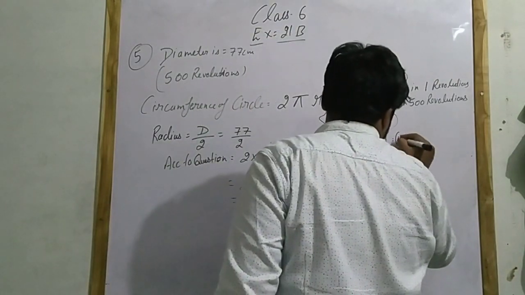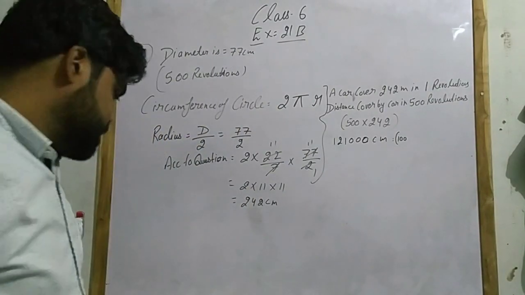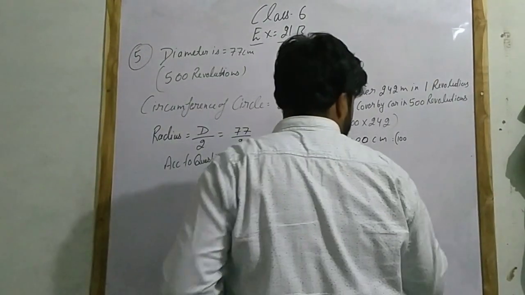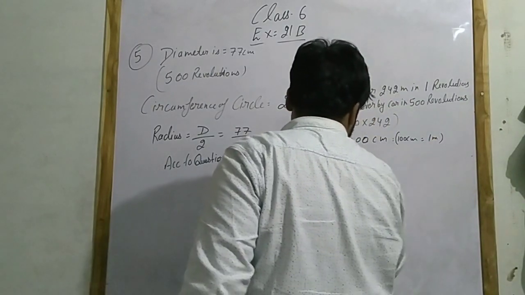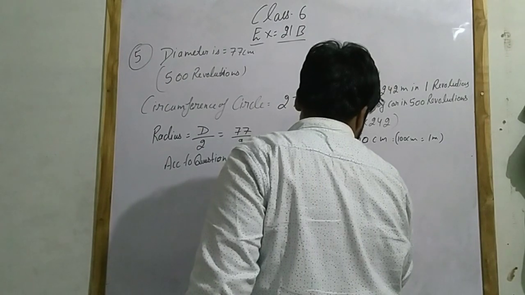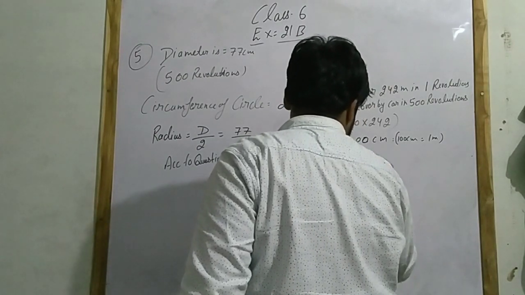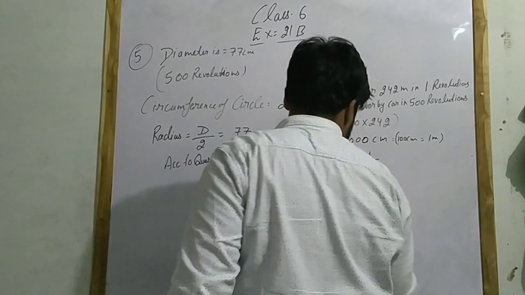Now 100 centimeter equals 1 meter. So 121,000 upon 100 is 1210 meter.